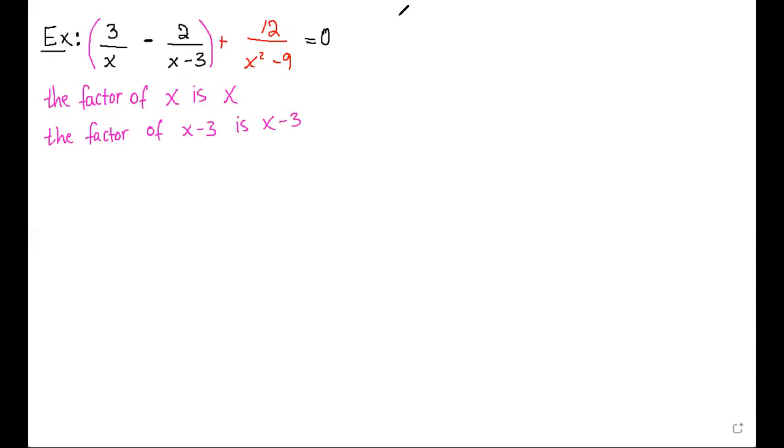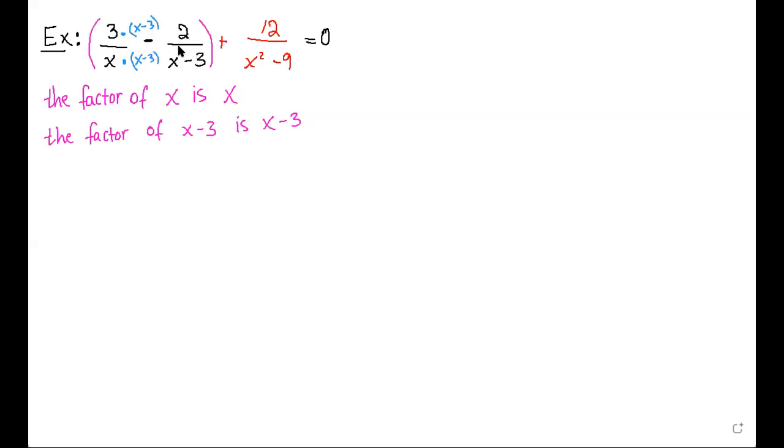Now we go back to the pink parentheses. We multiply this fraction, numerator and denominator, by the factor x minus 3. So multiply here by x minus 3 over x minus 3.